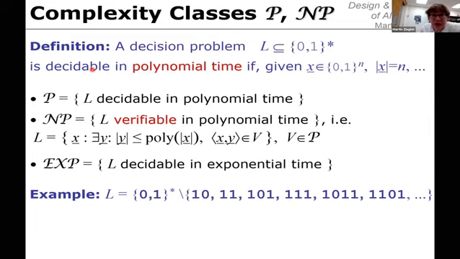But here we're going to look at the non-randomized setting. There's no probability distribution we're talking about, but only the question of whether there exists a witness.